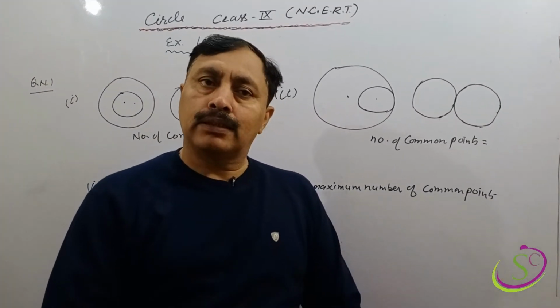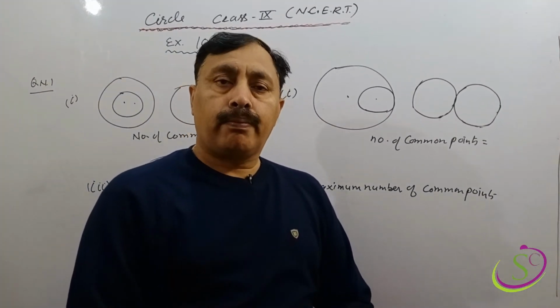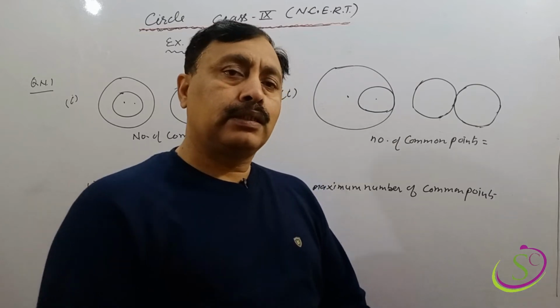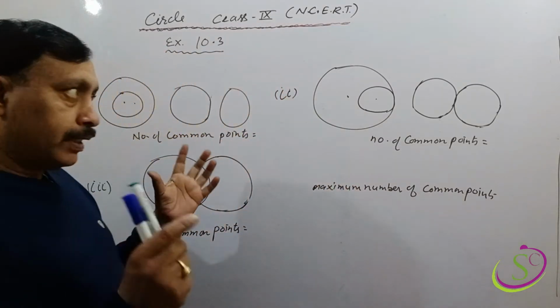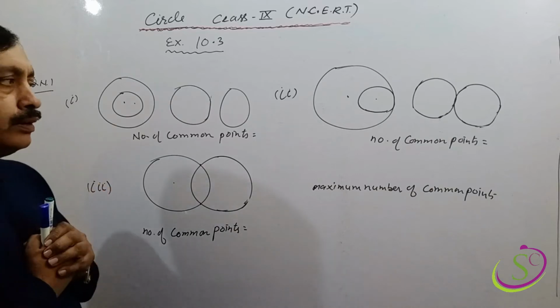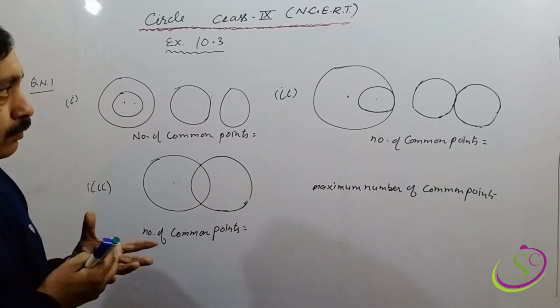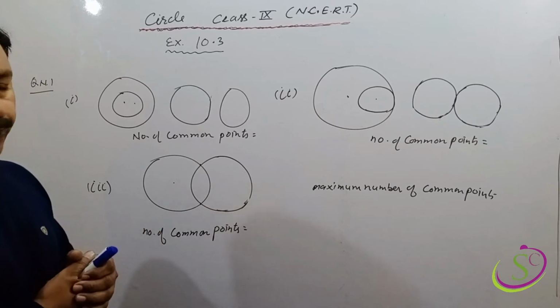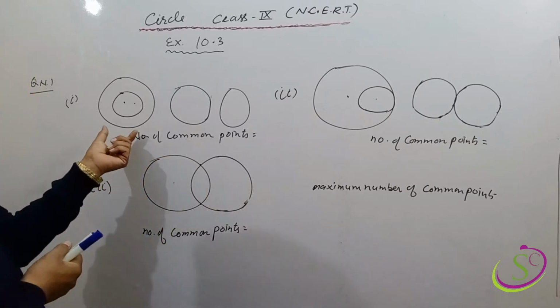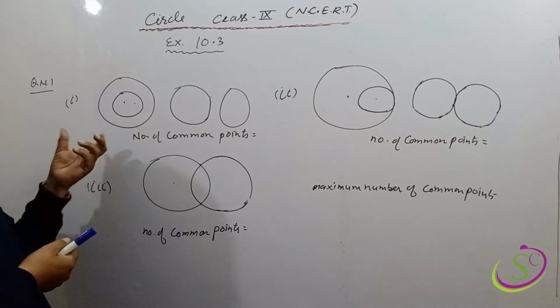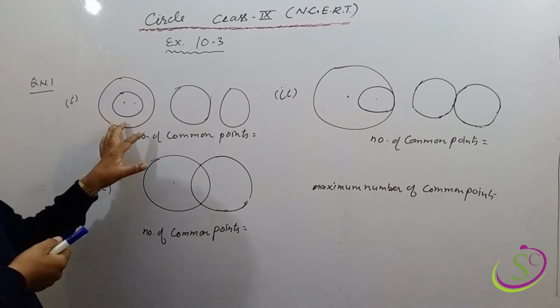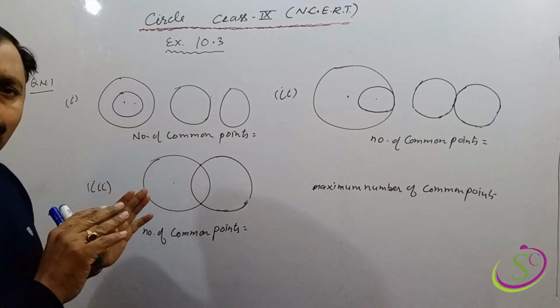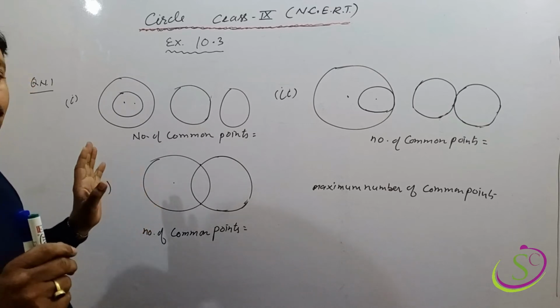Exercise 10.3. Now we are starting. And the first question is: a pair of circles are drawn, how many common points will they have? Here a pair of circles is this. Clearly both the circles are not intersecting each other at any point.